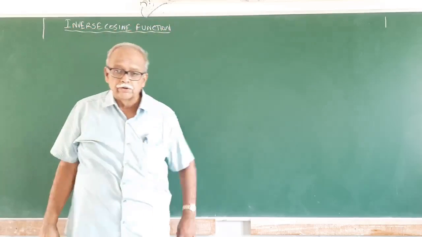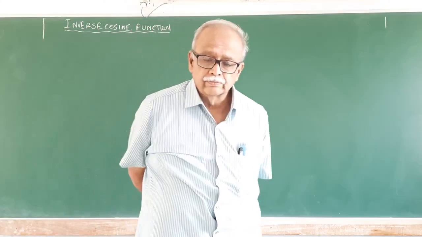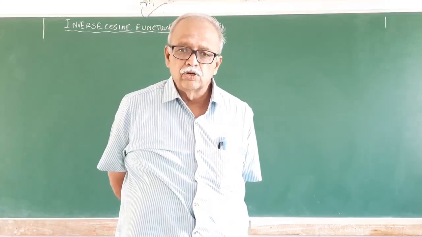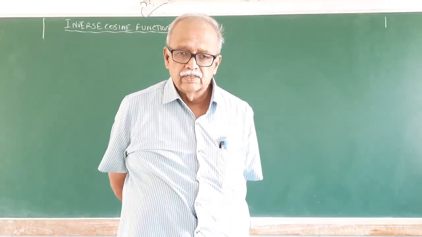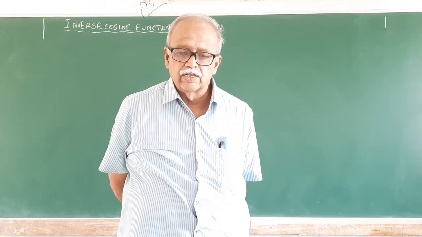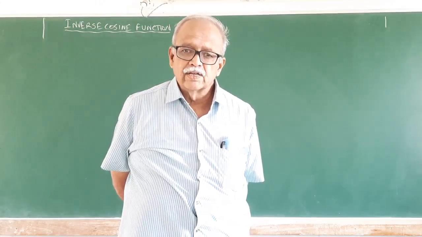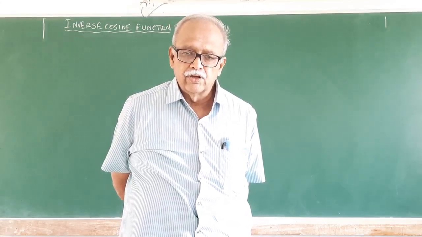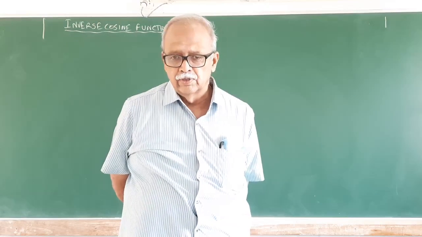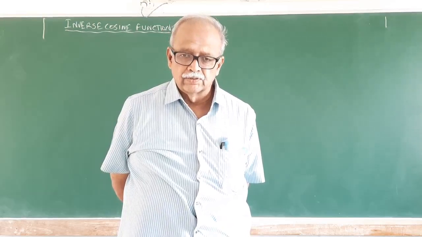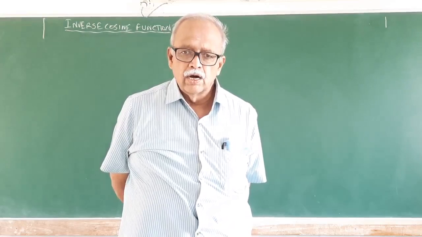Before coming to inverse cosine, we have to study the cosine function. Study about means why we have to study this: in what intervals is the cosine function bijective? Have you heard of the word bijective? That means a 1 to 1 and onto function.